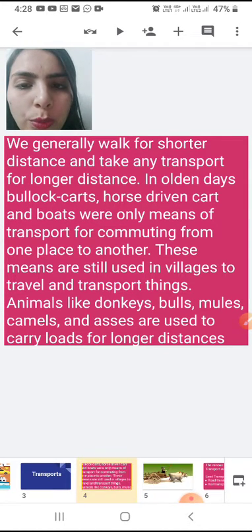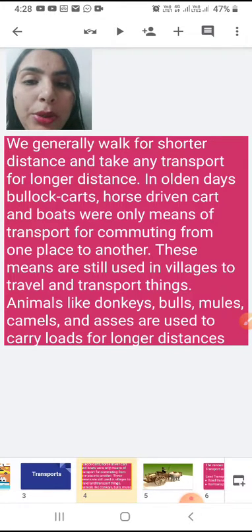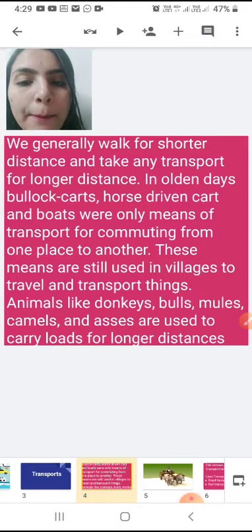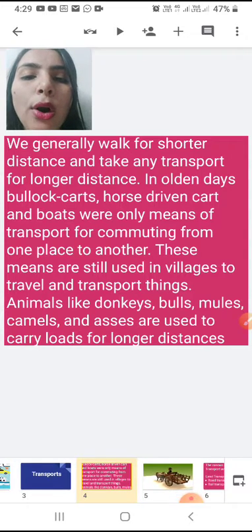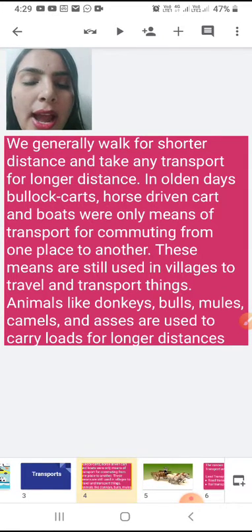Now in today's world, we mostly use scooties or scooters. We prefer cars for the longer distance. But in the olden days, people used to travel through the bullock carts, which were carried by the bulls or oxen, or horse-driven carts, which were driven by the horses, and boats.